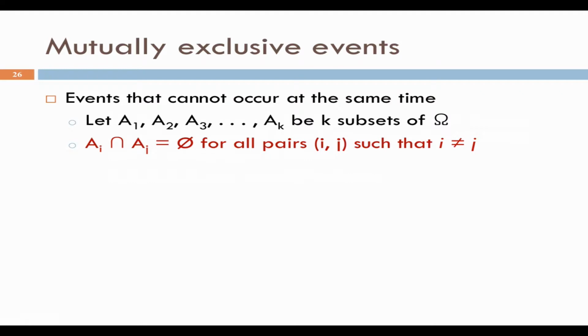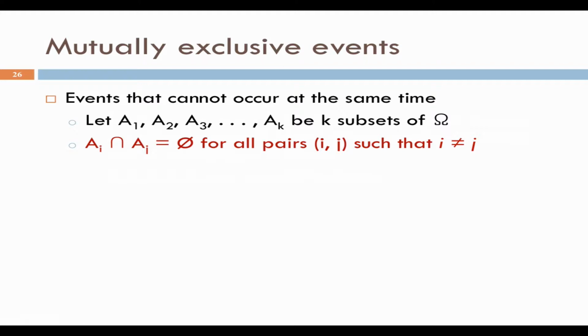For example, in a Venn diagram, this is A and this is B, and A intersect B is an empty set. You cannot find an element that is both in A and in B. Those two do not have overlapping regions. So A and B are called mutually exclusive.